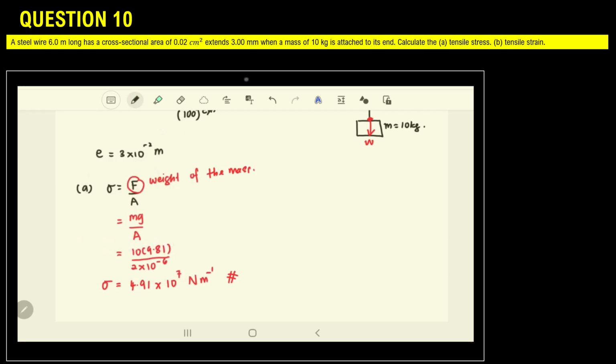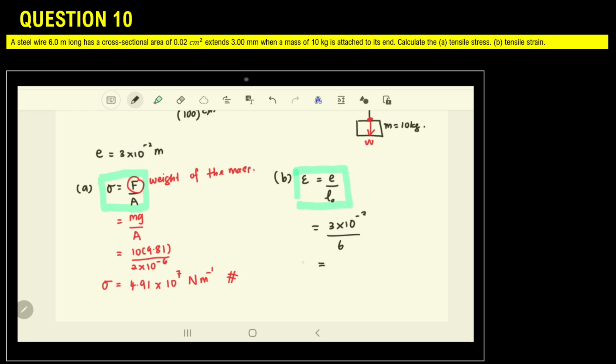Next we want to calculate what is the tensile strain, where the tensile strain is equal to e over L0. L0 is the initial length of the wire. So elongation is given as 3 times 10 power of negative 3 meter and the initial length of the wire is 6 meter.